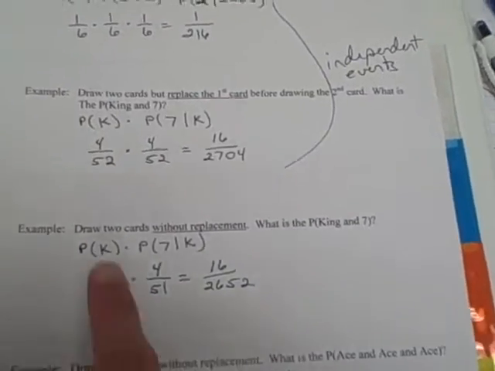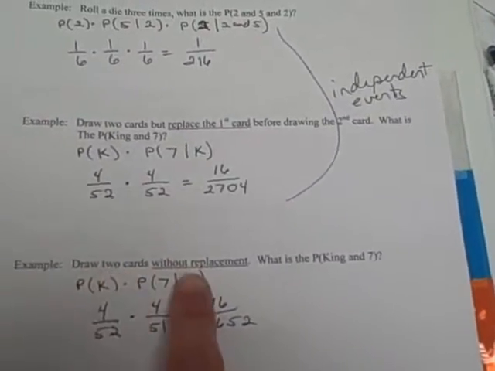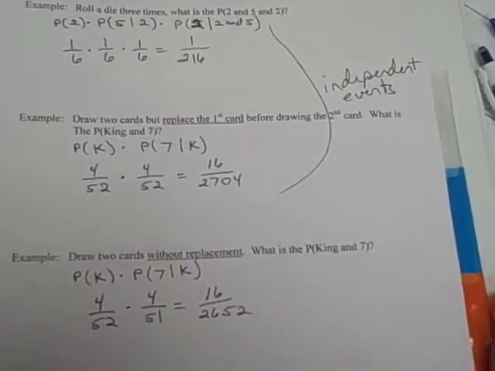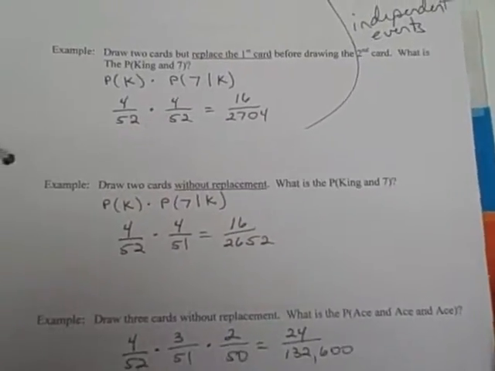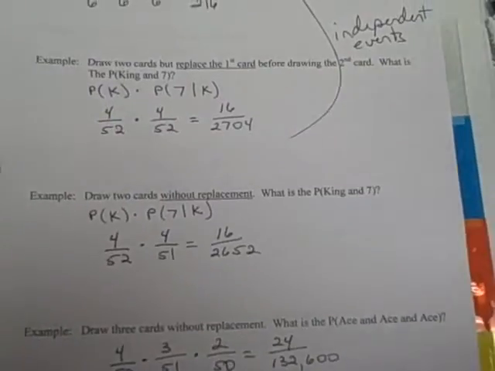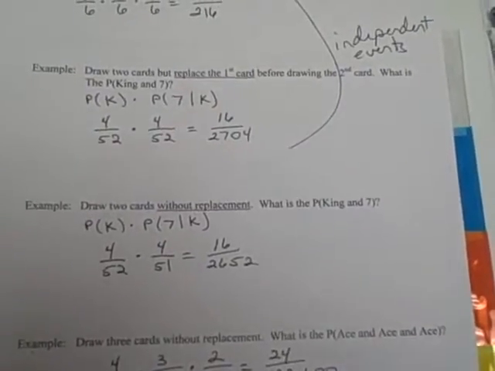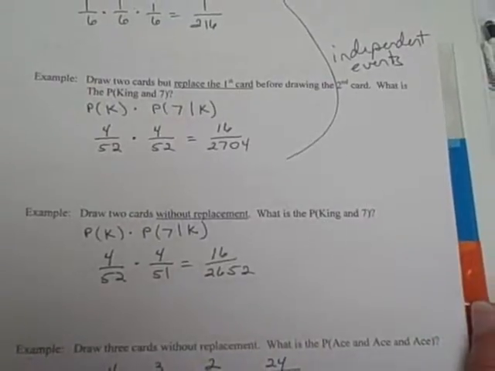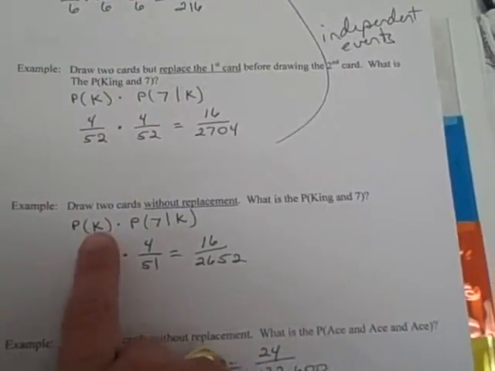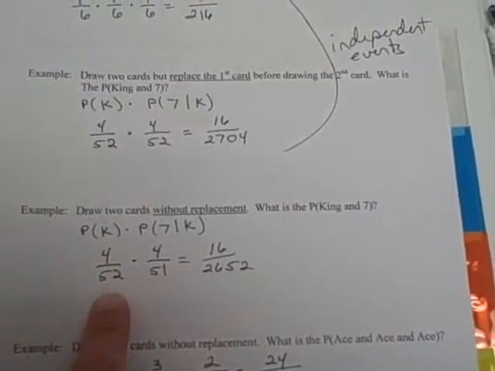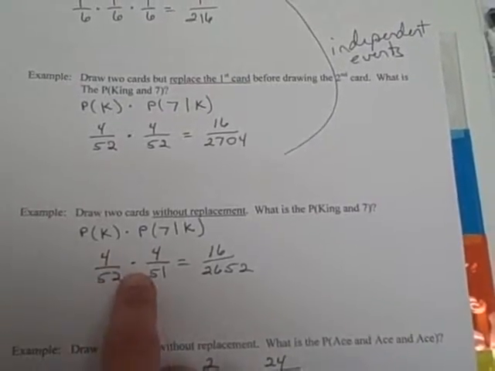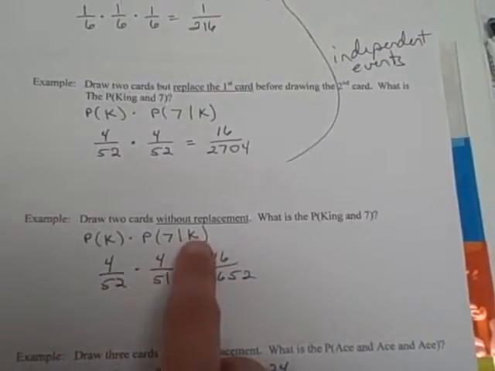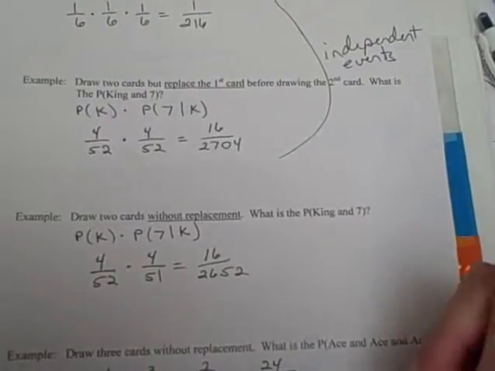Now let's find that same probability, but we're going to draw 2 cards without replacement. What that means is that we're going to pull that first card out and we're going to leave it out to draw the second card. So again, we want the probability of a king and a 7. So the probability of a king, there's 4 out of 52 times. Now, assuming we got a king, we left it out.